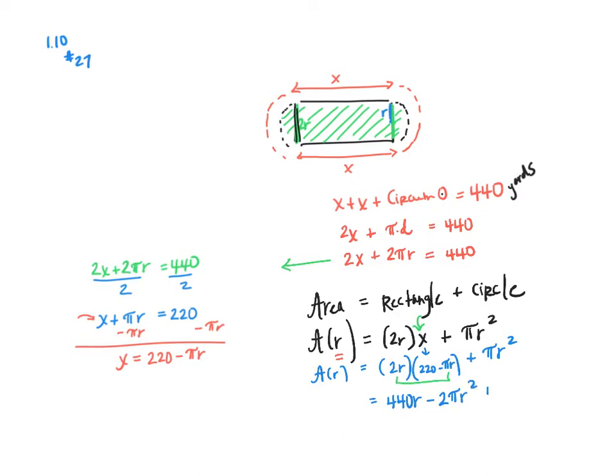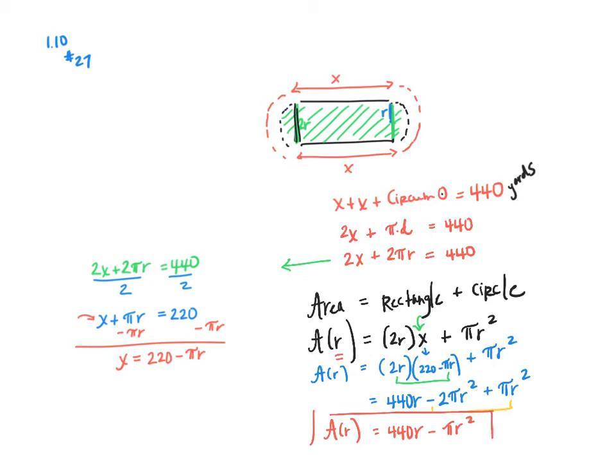And then I'm going to bring down the plus pi r squared. And I can simplify a little bit more, it looks like. So I can combine like terms. I've got 440r minus pi r squared. So that is a function of the area of that grassy region in terms of r.